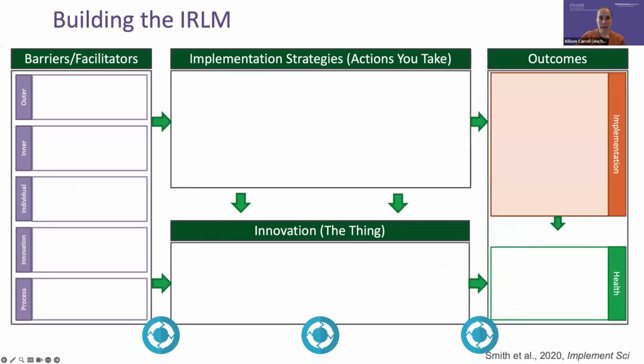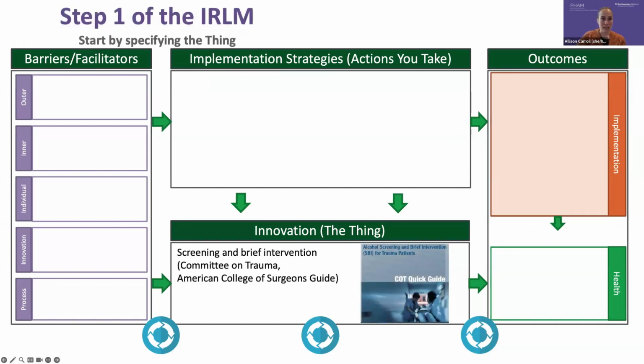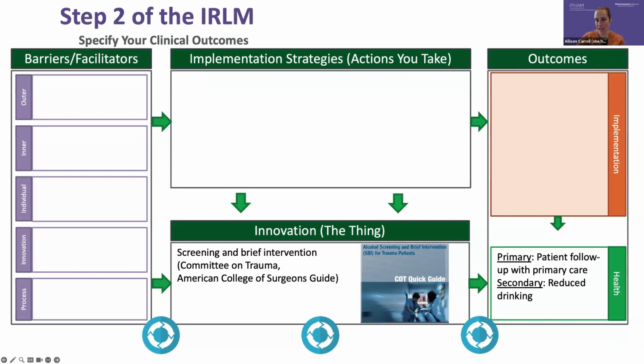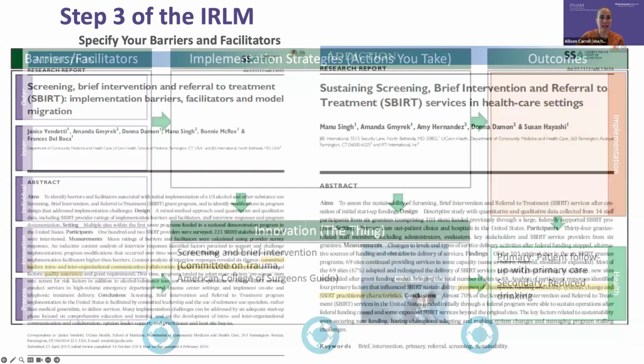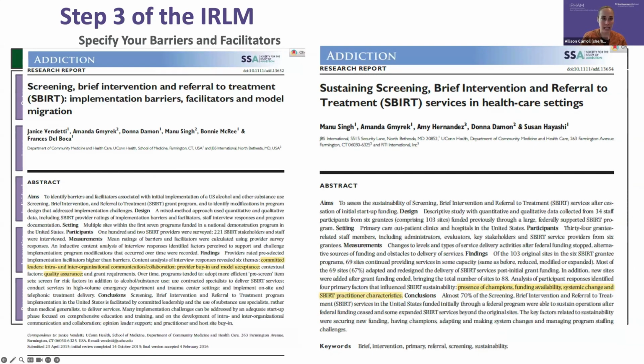To build our implementation research logic model, again, we have the screening and brief intervention, the evidence-based intervention to be implemented. We know what effectiveness outcomes we're interested in evaluating, especially patient follow-up with primary care and reduced drinking. And so what was done next was some of the contextual inquiry that needed to be done.